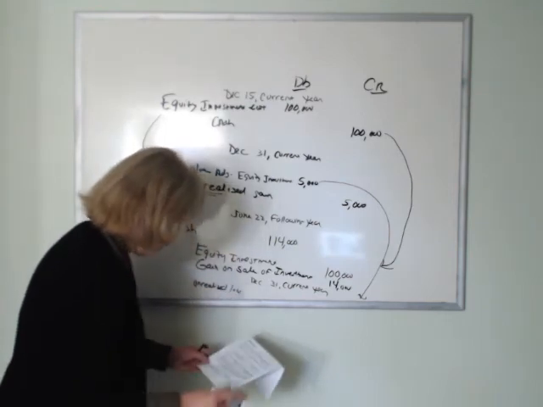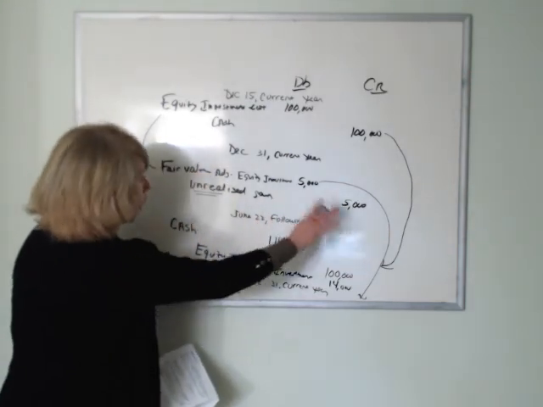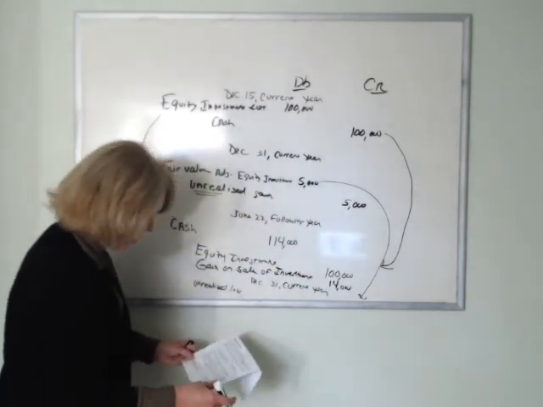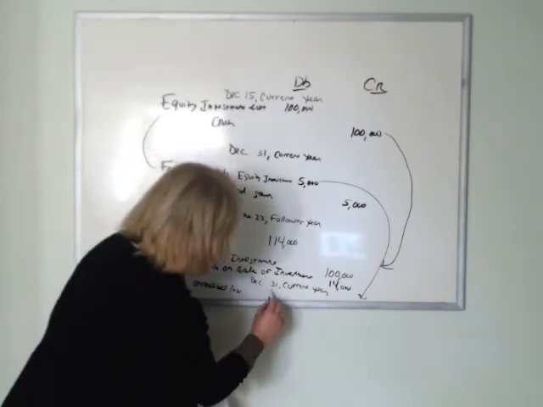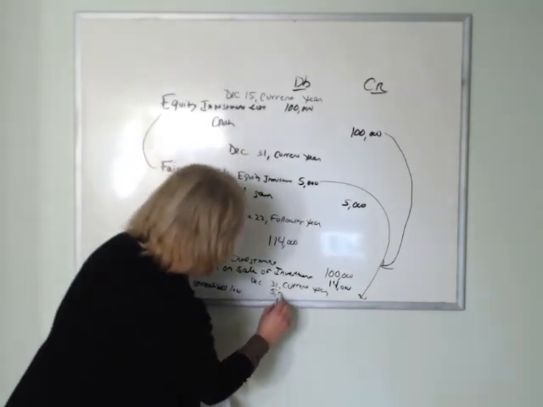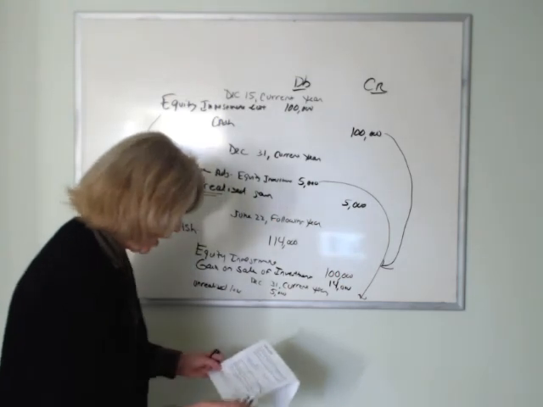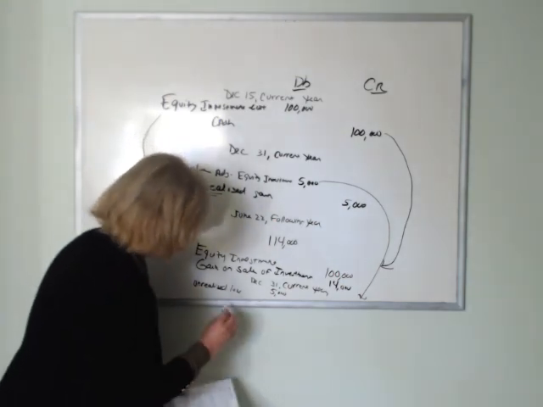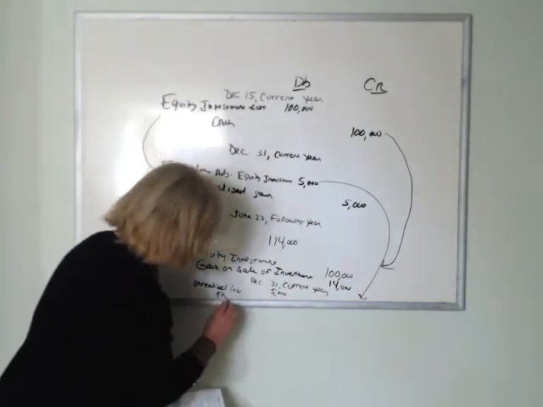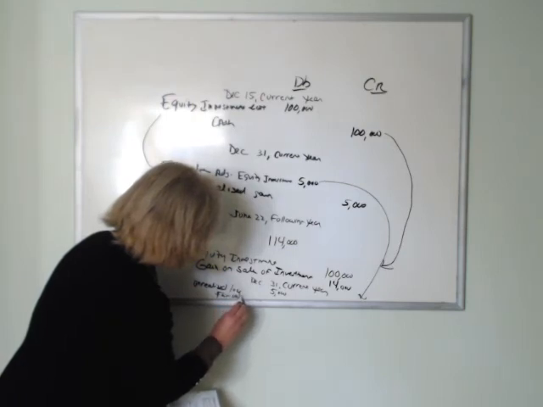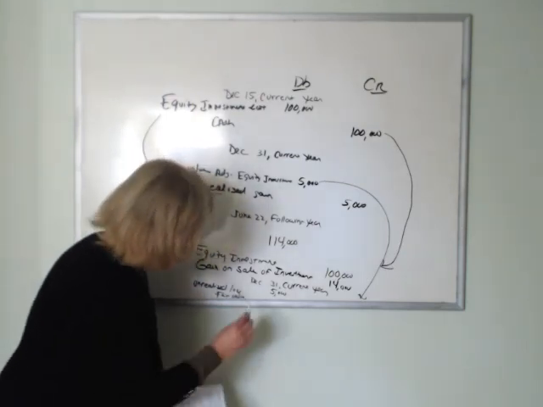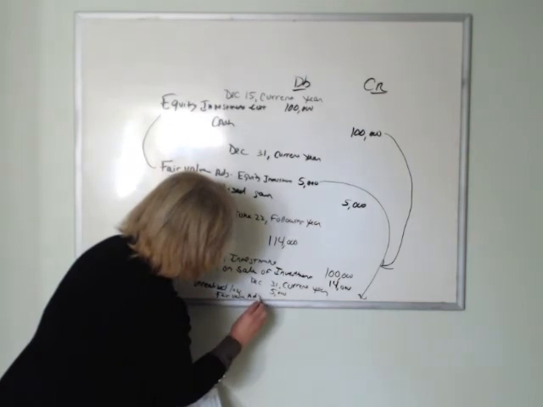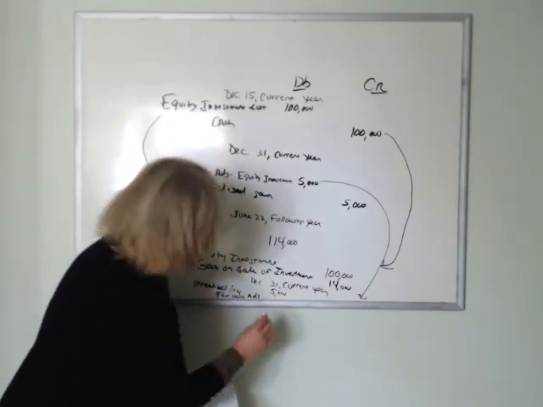We're going to reverse this entry. Okay? So we're going to reverse this entry. So now we call it unrealized loss. And what we're going to basically do is just wipe this out. And this will be a debit of 5,000.